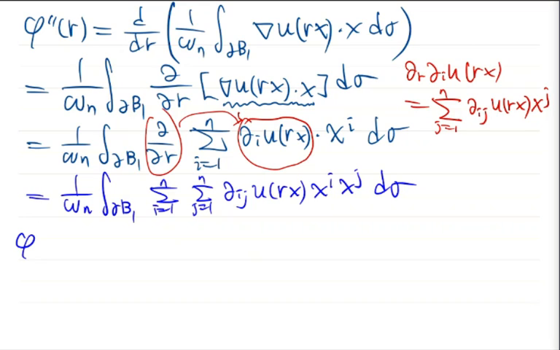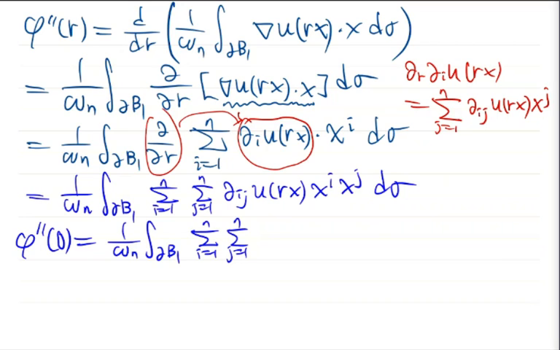We obtain phi double prime 0 is 1 over omega_n, integral over B_1, sum i from 1, j from 1, d_ij u(0) x_i x_j d sigma.